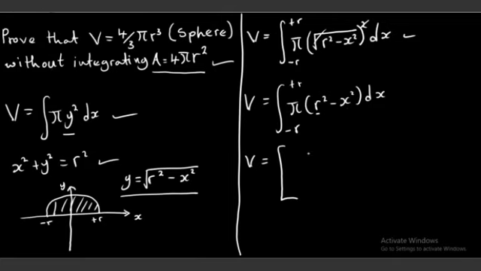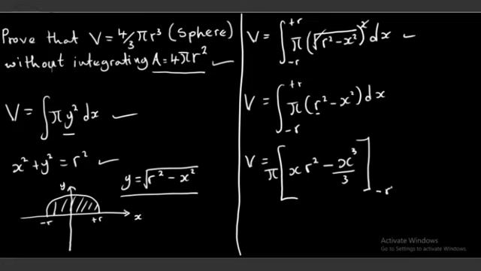So we can bring the pi outside, and integrating r squared gives r squared x, then minus x raised to power 3 over 3, and then we write our boundary, from minus r to plus r.